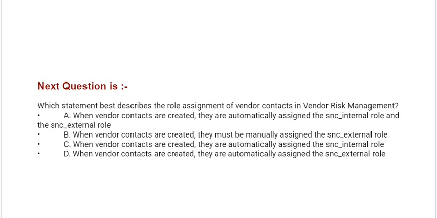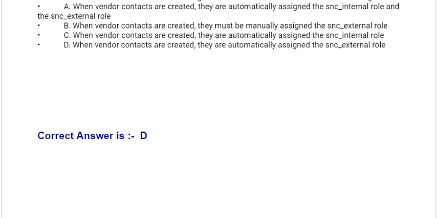Option B. When vendor contacts are created, they must be manually assigned the SNC_external role. Option C. When vendor contacts are created, they are automatically assigned the SNC_internal role. Option D. When vendor contacts are created, they are automatically assigned the SNC_external role. Correct answer is option D.